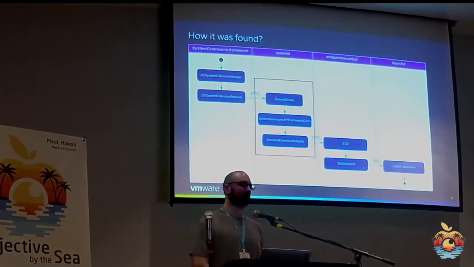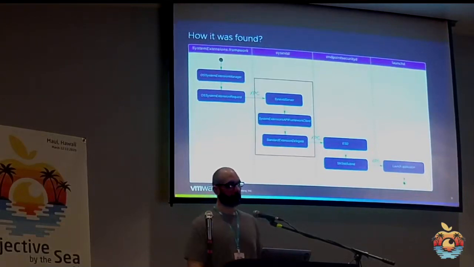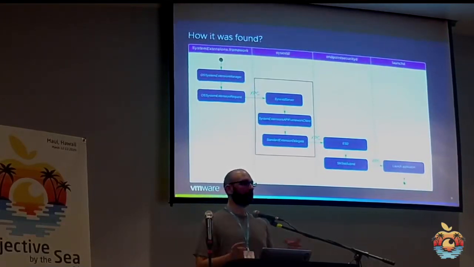So standard extension delegate, that name standard there, they've definitely built up this whole object hierarchy of different internal classes, so that in the future there could be more daemons like Endpoint Security D that are handling different system extension points.